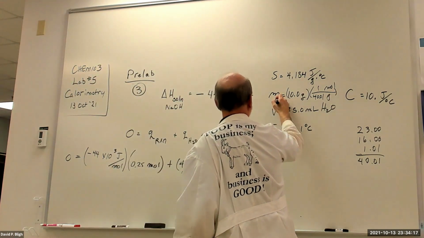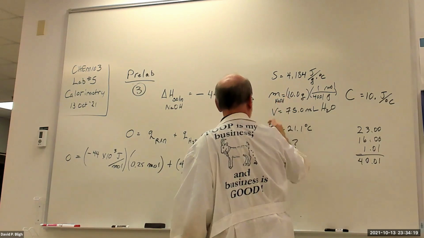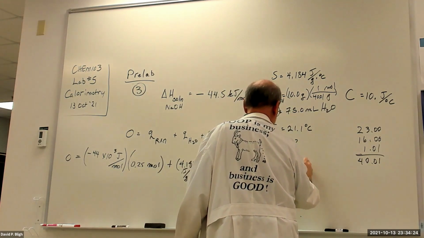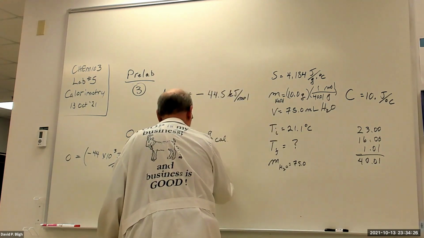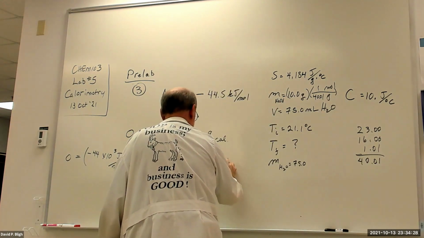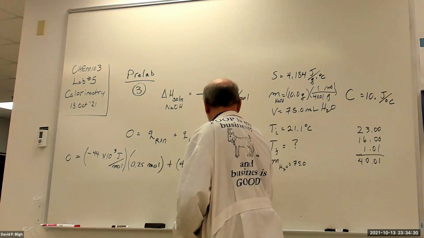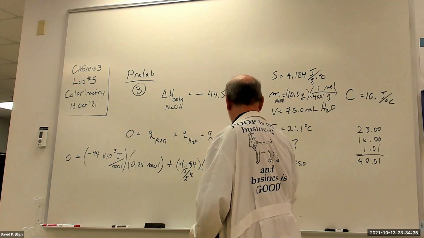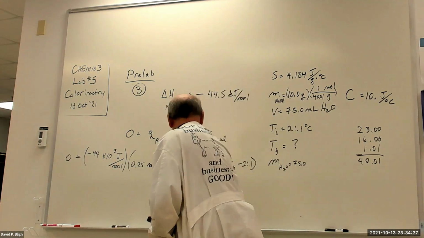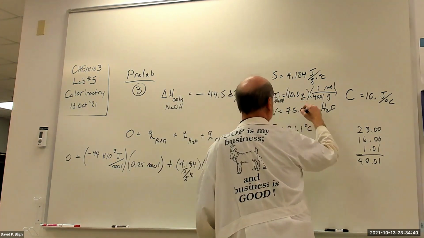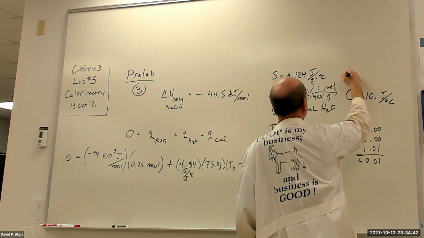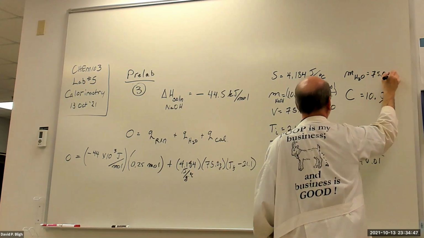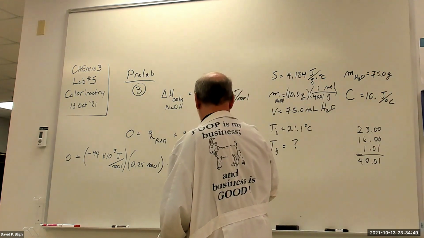So this was mass of the sodium hydroxide. And mass of water is 75 grams. So 75 grams here. And then the temperature is final temperature minus initial, 21.1. Okay? And let me move this up here. Okay, so that's the water.